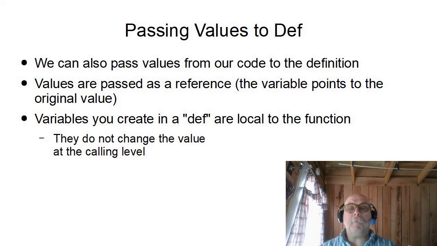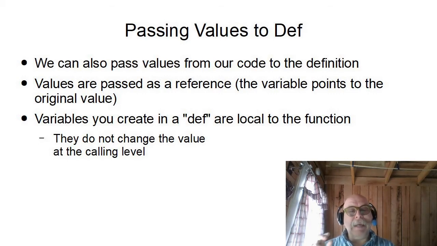We call that passing values. Now, in Python, values are passed as a reference. So the variables defined in your definition statement point to the values that exist outside the definition. We'll look at why that's important in another example. Just remember they're passed as a reference.